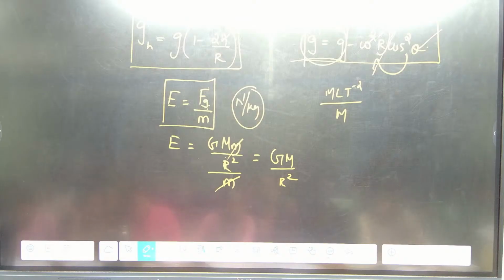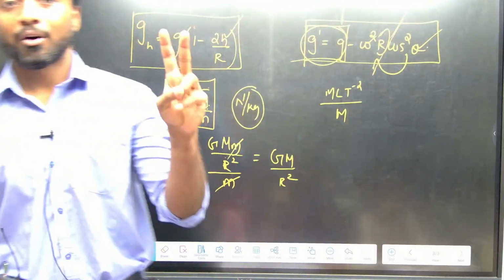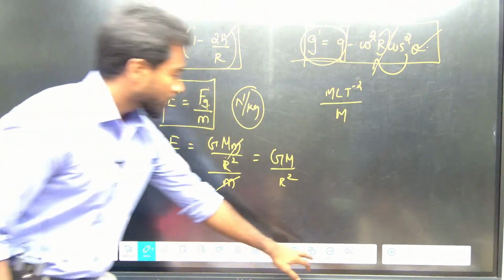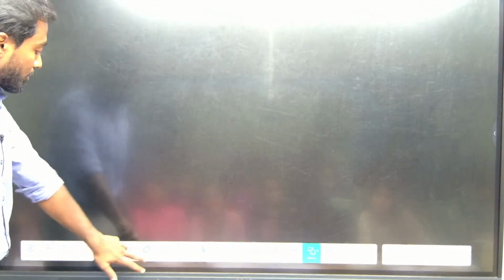The first point is it is similar to a thin hollow sphere having a radius of capital R. Under this there are three subheadings: outside the shell, on the shell, and inside the shell.